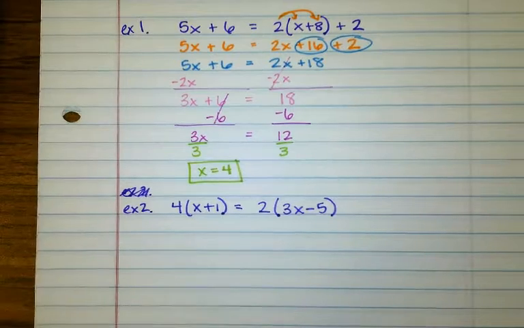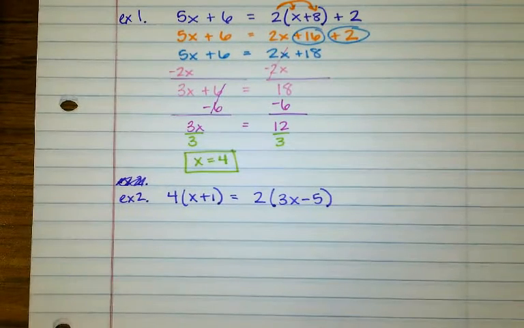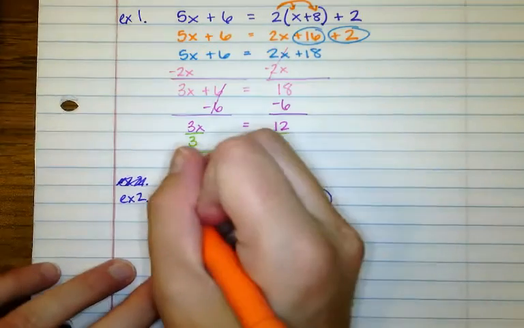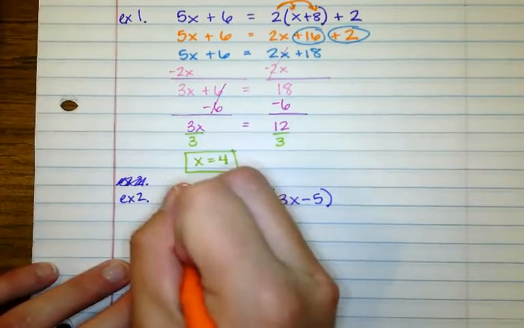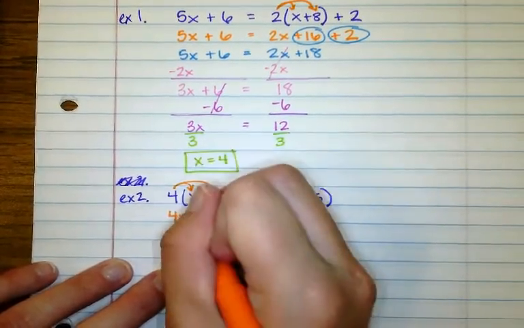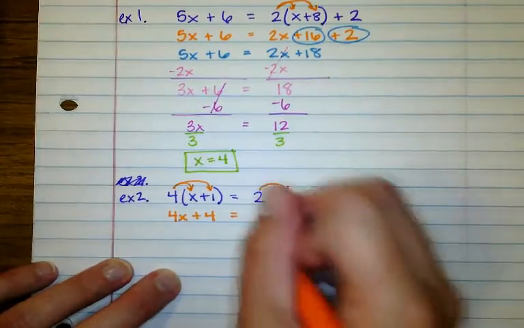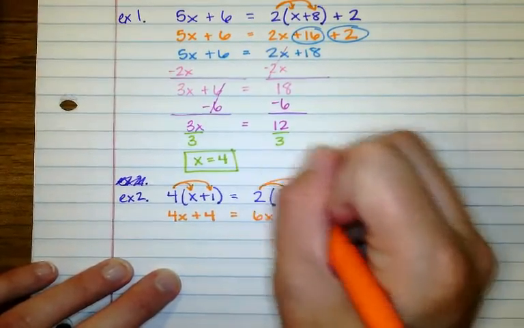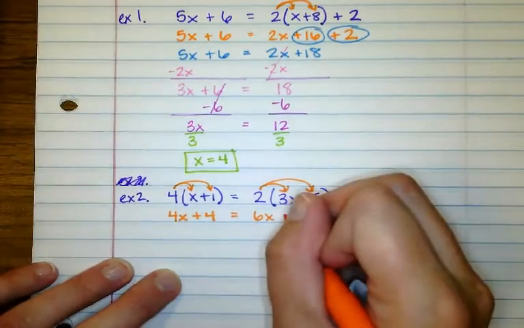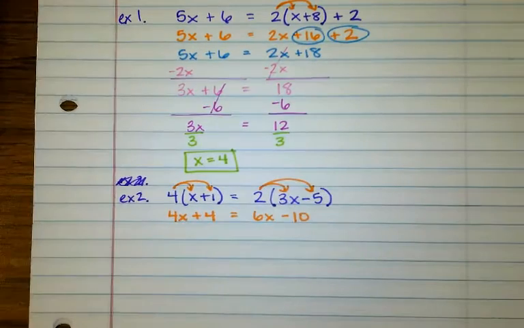Okay? So let's take a look at this guy. What's our first thing we're going to do? Distribute. We actually got to distribute on both sides this time. So we're going to do 4 times x is 4x. 4 times 1 is plus 4. 2 times 3x is 6x. 2 times negative 5 is negative 10.